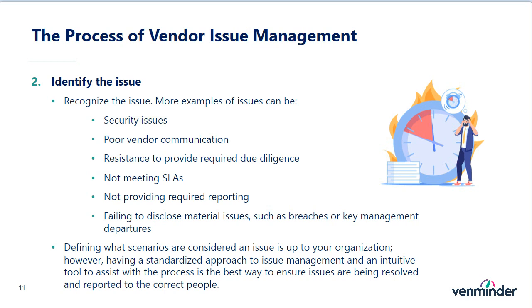Yes, they might have the controls in place and you're seeing strong business continuity and everything else you'd like to see through due diligence. But when you jump on the phone, you're not getting any response. And maybe there's a customer impact there. So vendor communication is another example of an issue.